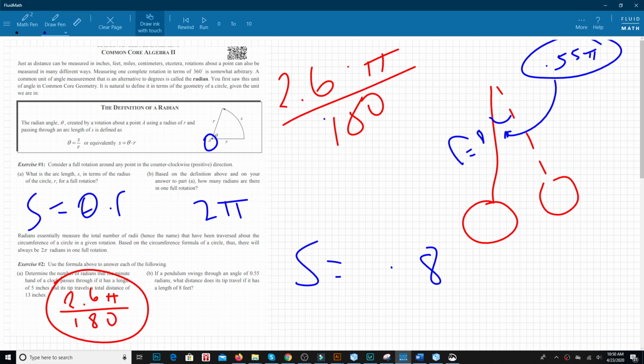So it's 0.55 radians, so it's 0.55 times 180 over pi, right?